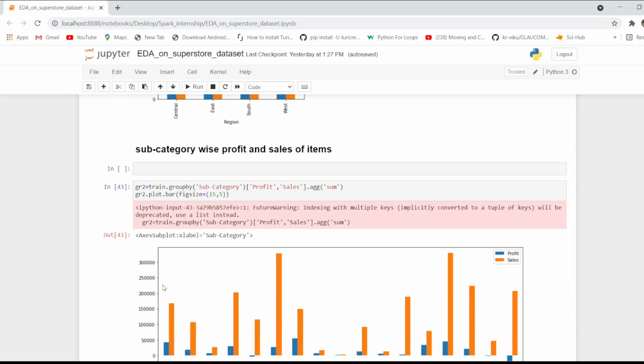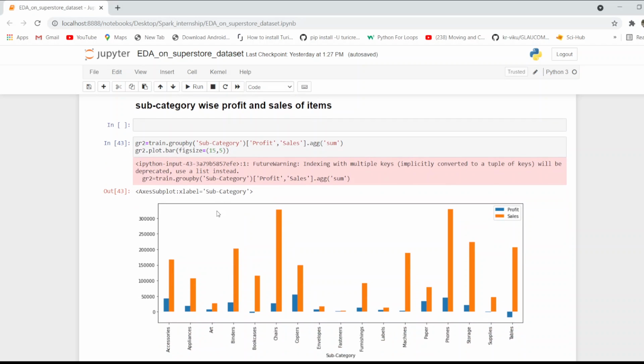Then for the subcategory wise profit and sales, I have grouped the data frame by subcategory and plotted this graph to find out the profit and sales. You can see that phones and chairs are the items which we sell the most.